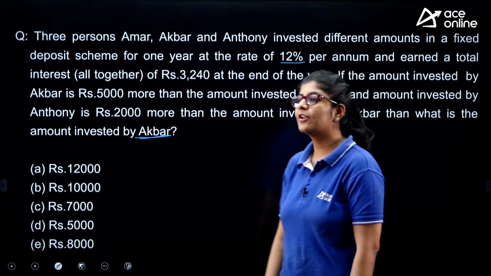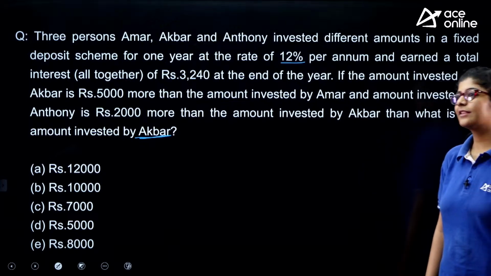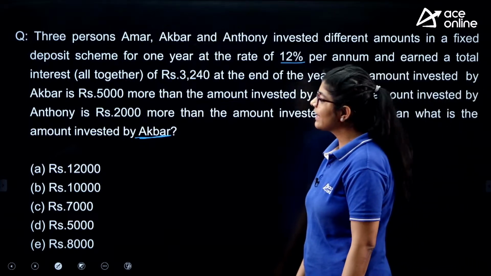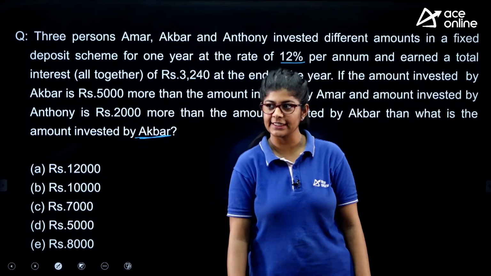Five is not even in the options. We need to check the options as well. We have options as 12k, 10k, 7k, 5k, 8k.